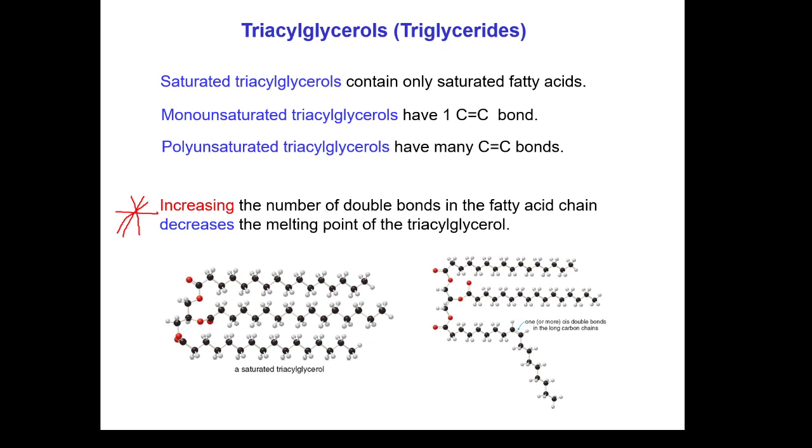But inside the body, if I don't make them solid and they aren't sitting there blocking up arteries and clogging, then I'm still able to harness the energy from them.